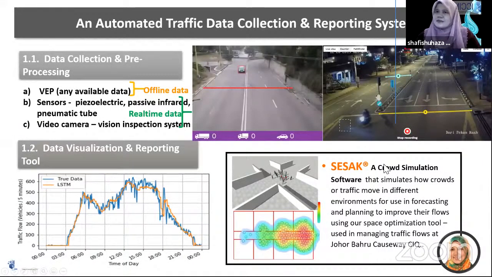Okay, just before the pandemic, the Cairo team was involved, I myself also, in a project with the Johor Bahru Causeway CIQ in managing the traffic automatically using AI.